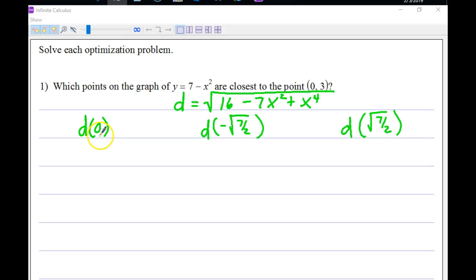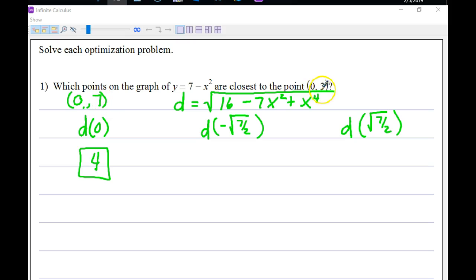Now 0 is pretty easy. If I plug in 0 here, these two cancel out. I'm just left with 16, and the square root of 16 is 4. So that one has the point 0, comma, 7.